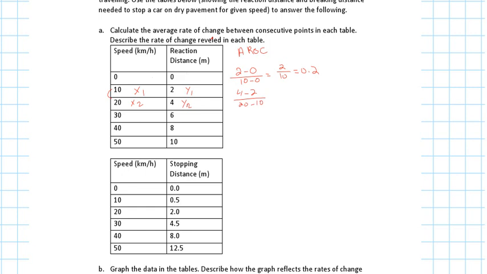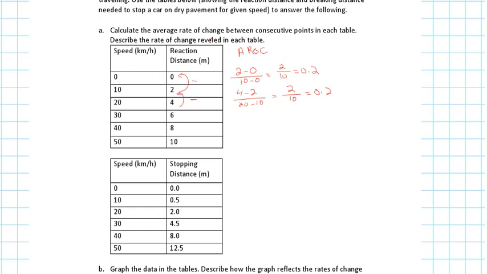Again, I have 2 over 10, which is 0.2. Think about it like the first difference and second difference: you do this minus this, divided by this minus this.